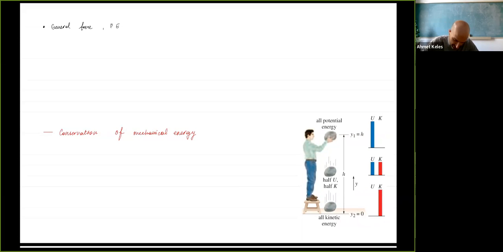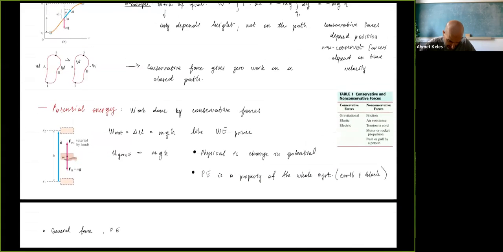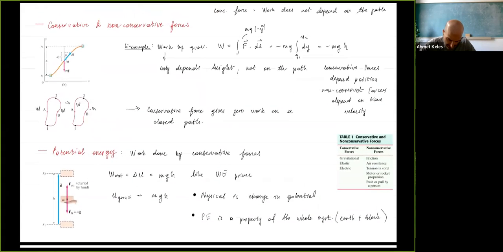And the form is, what should it be? Okay, here's my definition. Change in potential energy by a force. I'm looking at the work done by gravity: the work done by gravity was minus, but the gravitational potential energy was plus.